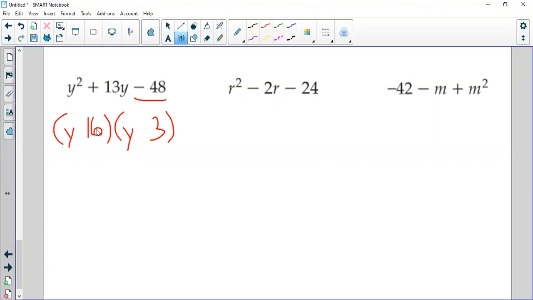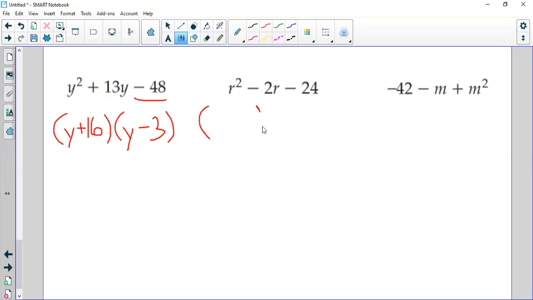But I need to get a positive and a negative on each one, and since I have a positive 13, I need the larger of my two factors to get the positive, and the smaller to get the negative. That means that 16 minus 3 gives me 13, and 16 times negative 3 gives me negative 48.